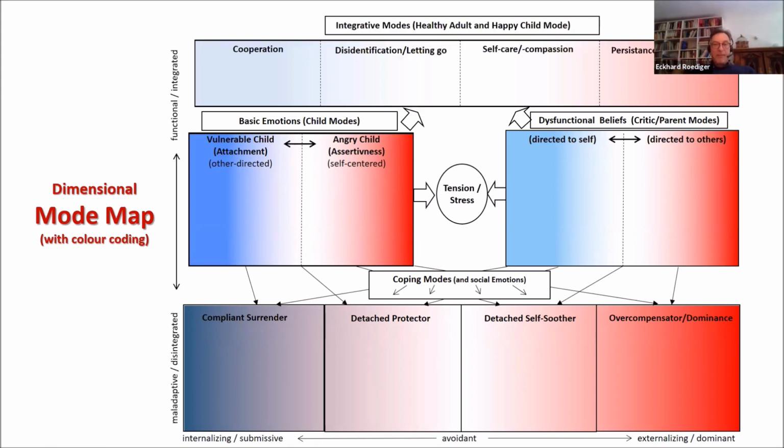And on the top you have the integrated version of these polarities, turning submission into cooperation. You have the overcompensator, tuned down to persistence or taking a certain firm stance to not be blown away. You have the disidentification part, letting things go, detaching in a good way, not to cut your feelings off, but let them go, which is a healthy distancing.